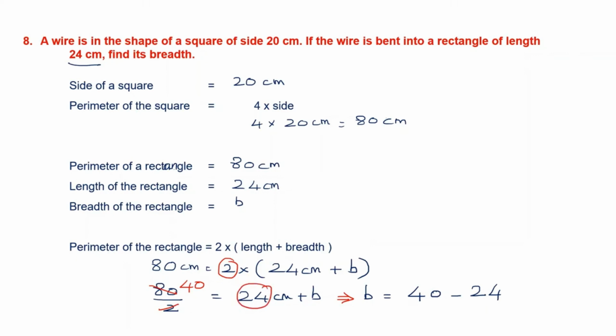How much is 40 minus 24? Let's borrow. 10 minus 4 is 6. 3 minus 2 is 1. So that's 16. We have found the breadth to be 16 centimeters. So this is our answer. Breadth is equal to 16 centimeters.